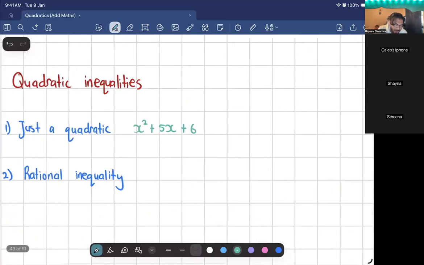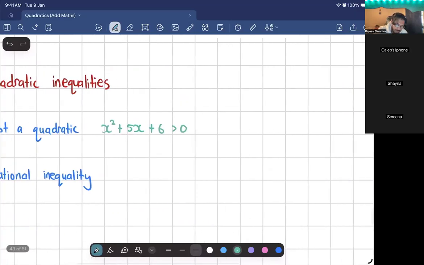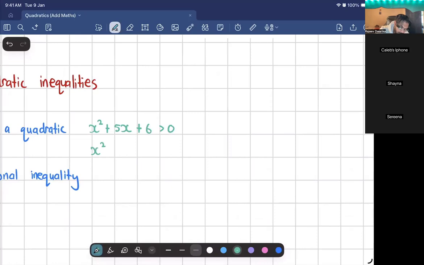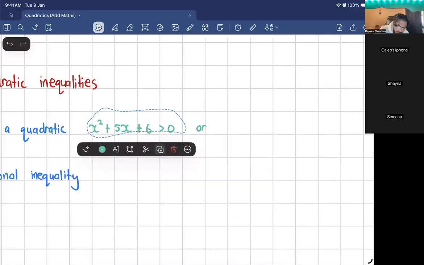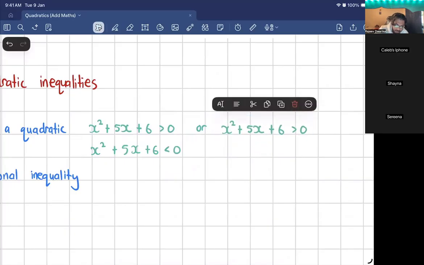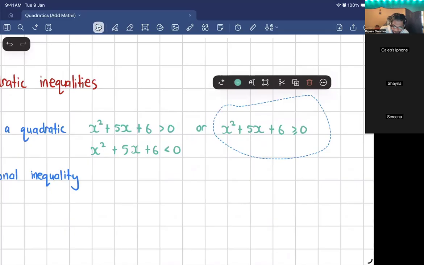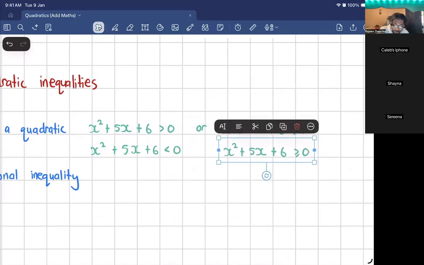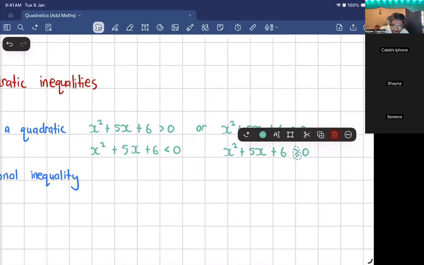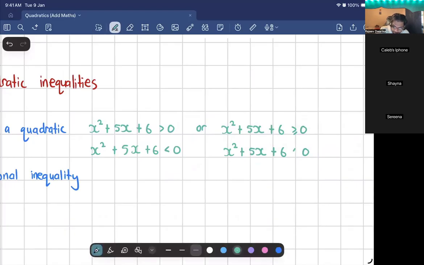Now, when I say just a quadratic, you'll have a quadratic expression and it could be more than zero, or it could be less than zero, and you would have to solve this. You'd have to solve the range of solutions. That's why when I say it's just a quadratic, it's literally just a quadratic.